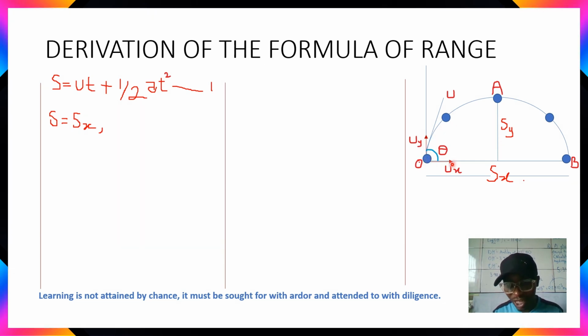It also has initial speed along the horizontal axis because as it's moving up, it's also covering horizontal distance. So that means we have Uy and Ux. If you resolve this Ux, which is the initial speed along the horizontal axis, then our Ux will be equal to U cos theta.